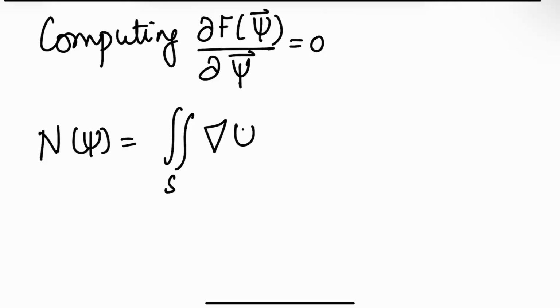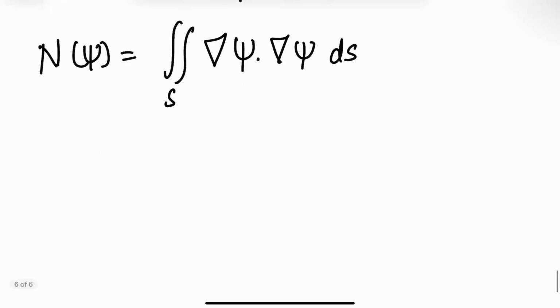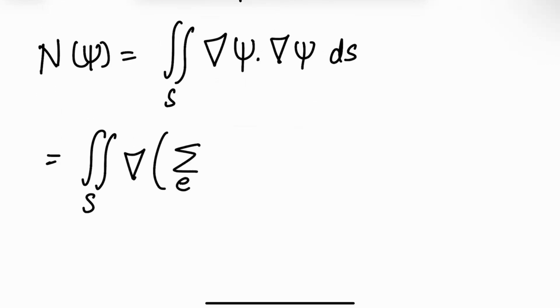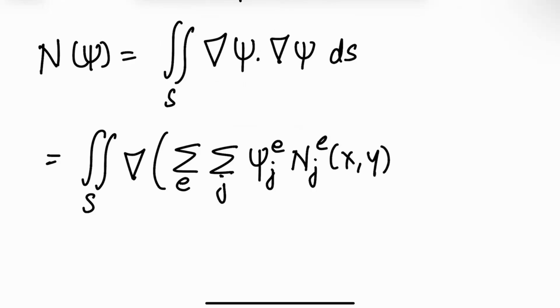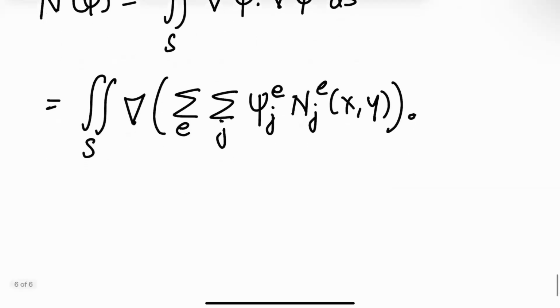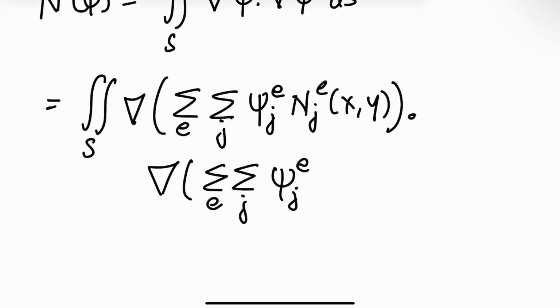So I have the gradient of psi dotted with the gradient of psi, integrated over dS, which is nothing but a surface integral of the gradient of the summation over e, which goes from 1 to n, summation over j, which goes from 1 to 3, psi je, N je of x comma y. That's the expansion we just used, dotted with the same thing: summation over e, summation over j, psi je, N je of x comma y. Okay.